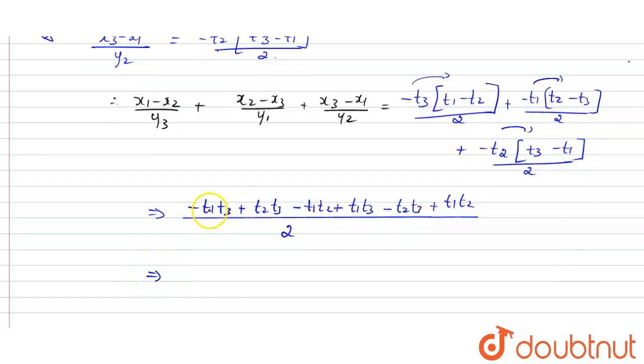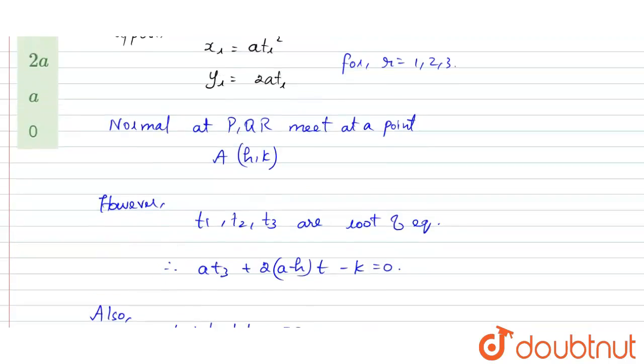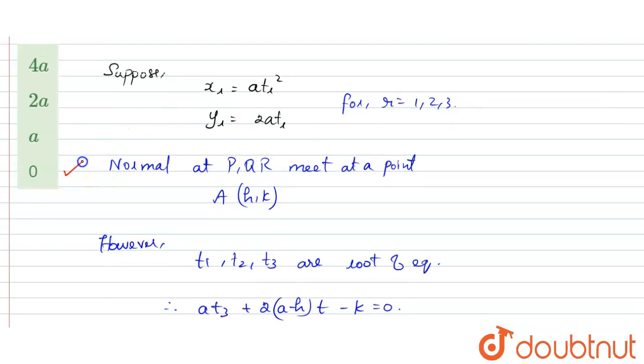The value equals minus t1 t3 plus t2 t3, minus t1 t2 plus t1 t3, minus t2 t3 plus t1 t2. Adding all the terms, t1 t3 cancels, t2 t3 cancels, and t1 t2 cancels. So all the values are cancelled, and it is 0 by 2, which equals 0. Therefore the answer is 0. So option D is the correct answer.